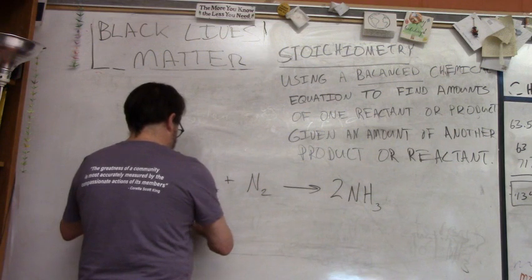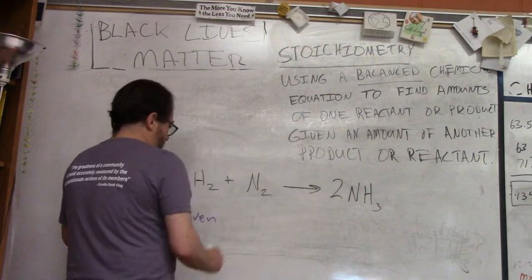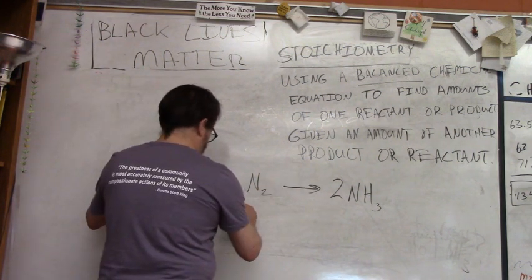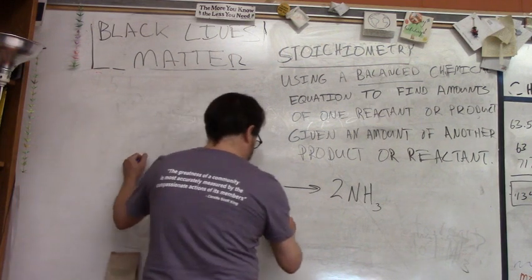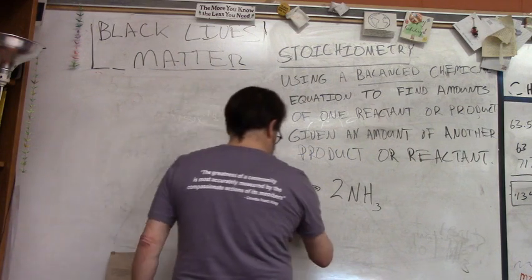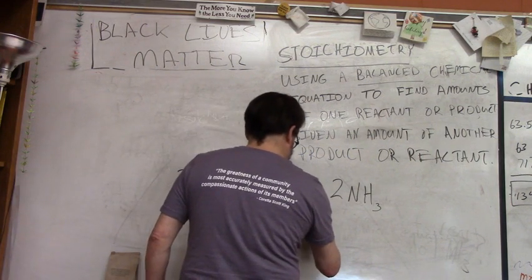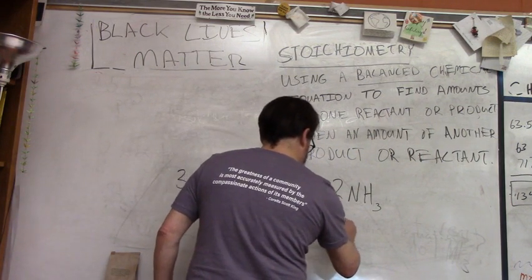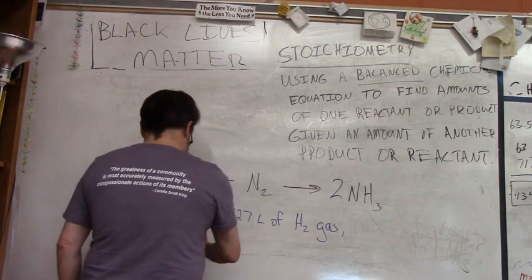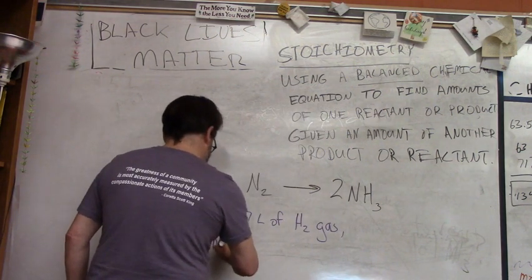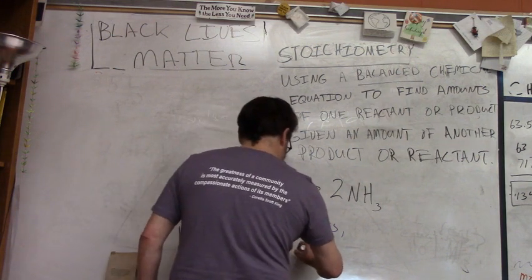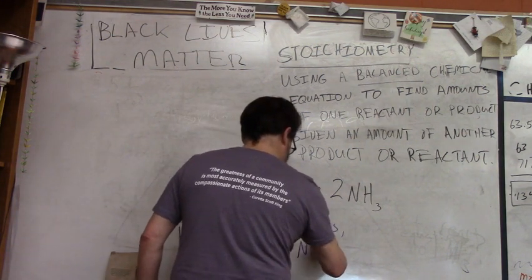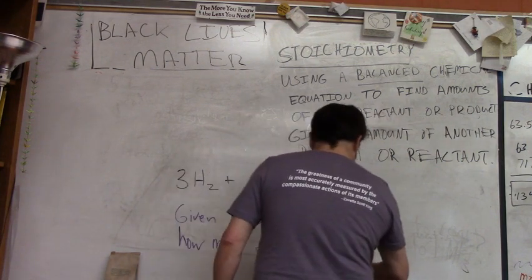given 127 liters of hydrogen gas, how many grams of ammonia, NH3, will be produced?